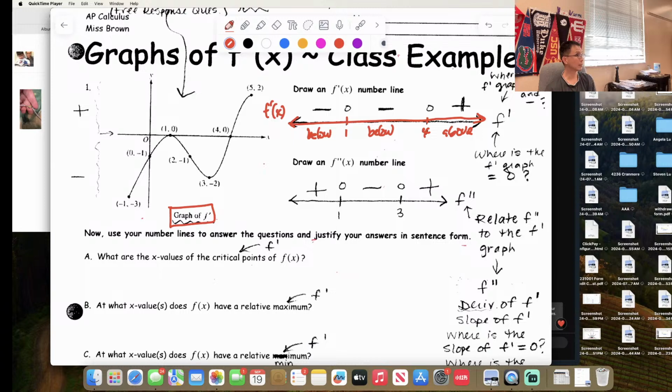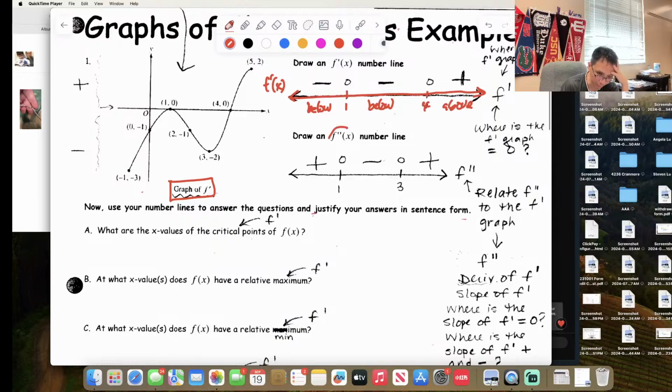Yes? Okay. Now I'm also going to draw f double prime. What is f double prime? That means it's the slope of f prime of x. If I look at the slope, in this case, the slope is positive.